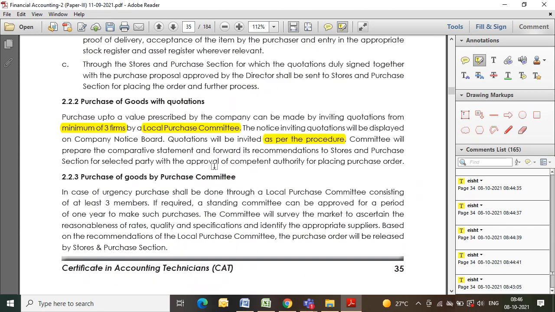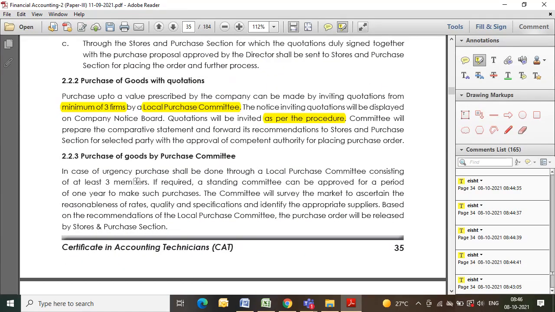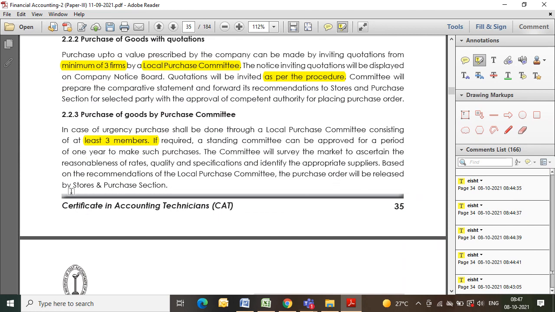Right. So moving on, here's a purchase committee. How many members should be there in a purchase committee? Answer is 3 members. Okay. So based on which they will give an order, and purchase orders will be released by stores and purchase section. These are very important areas. Questions can come.